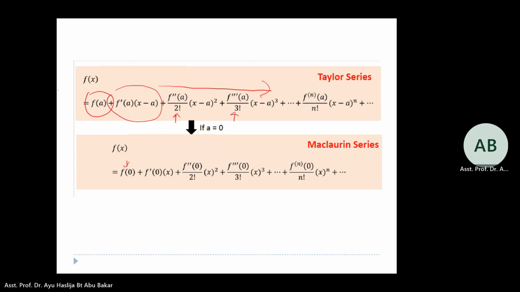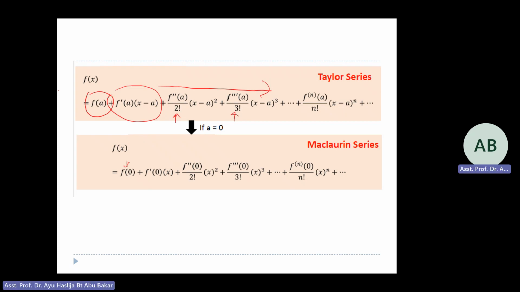Now, there are 2 types of error. We have truncation error and round-off error. Truncation error: when you have a Taylor series, for example, like this, you have the first term, second term, third term, and it goes up to the n-th term.